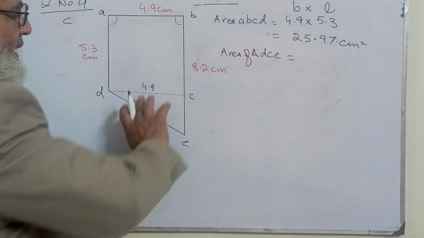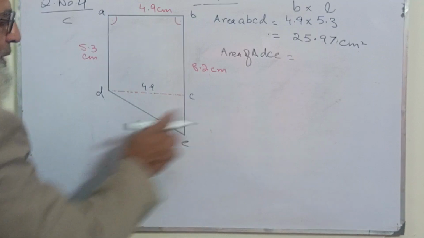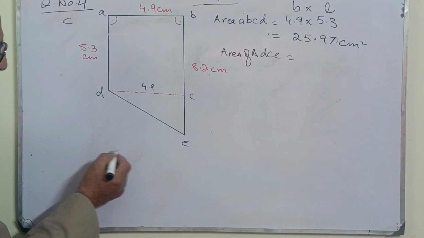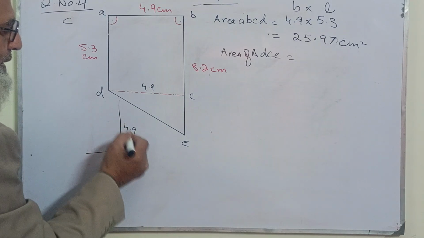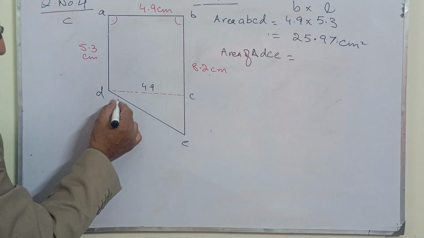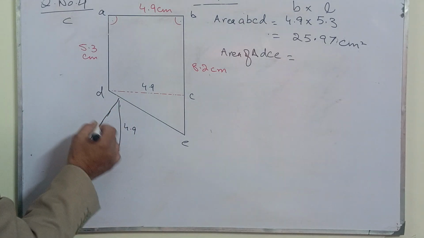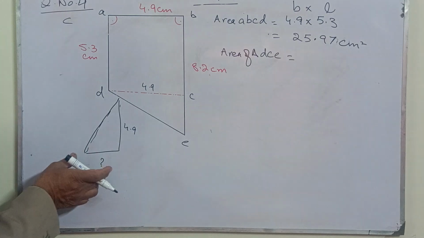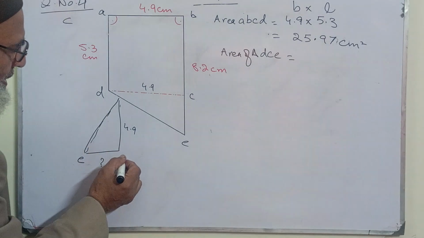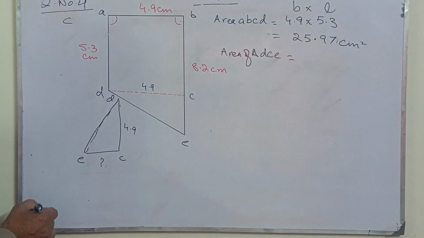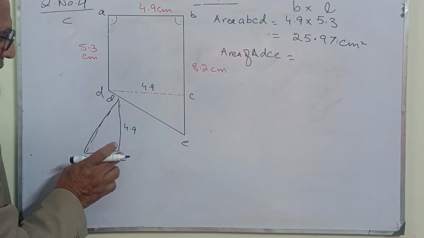Just consider that we are going to flip this triangle like this with the base. This is the base and this is the height, 4.9. This is the hypotenuse of this triangle. If I just make this, this is E, this is C, and this is D. Now this is 4.9 height.